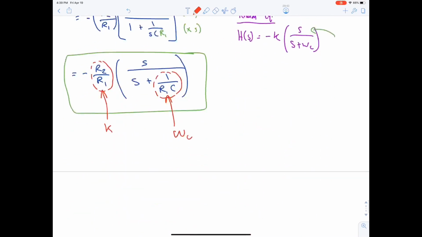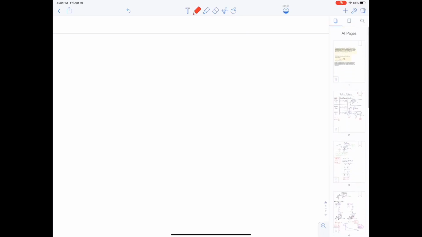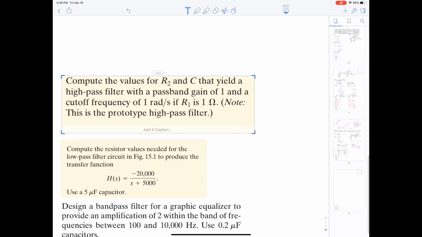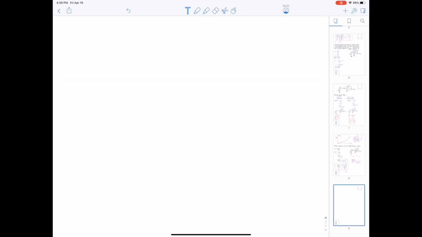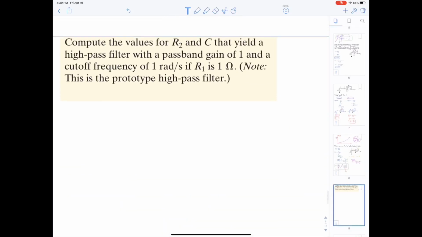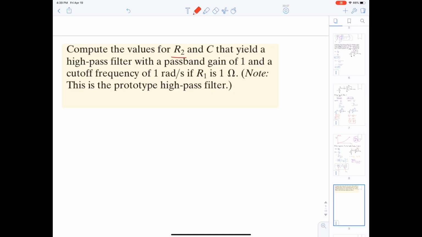Okay, let's take an example for the active high pass filter. Compute the values of R2 and C that yield a high pass filter with a pass band gain of 1 and a cutoff frequency of 1 if R1 is 1.